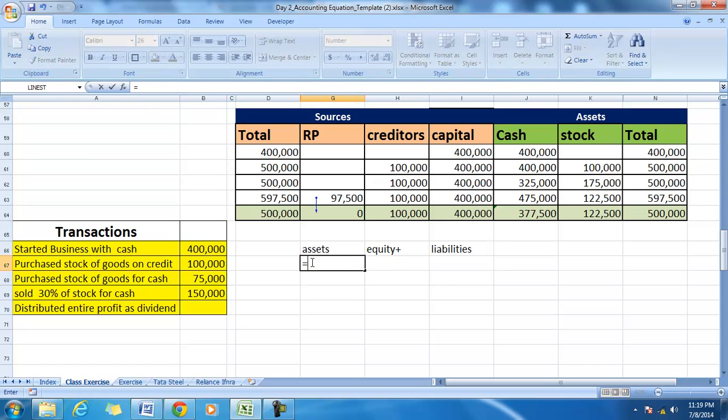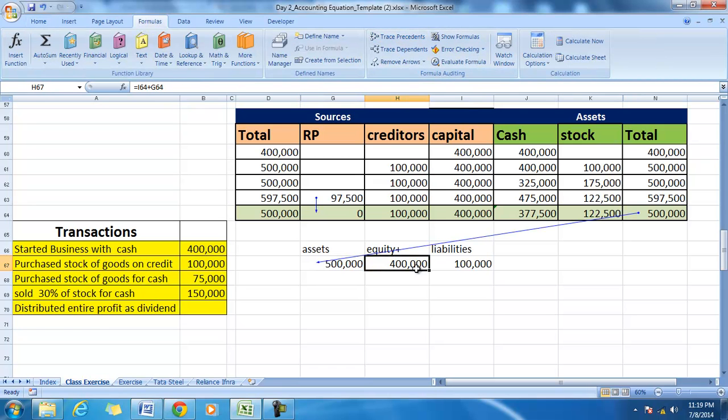So the assets of the business at the end of this period, or at the end of this set of transactions, is 500,000, and equity is capital plus retained profit, and liabilities is the creditor. So the assets of the business are financed by equity and liabilities. In this case, equity is capital plus retained profit, and there is no retained profit because the entire profit has been distributed as dividend.